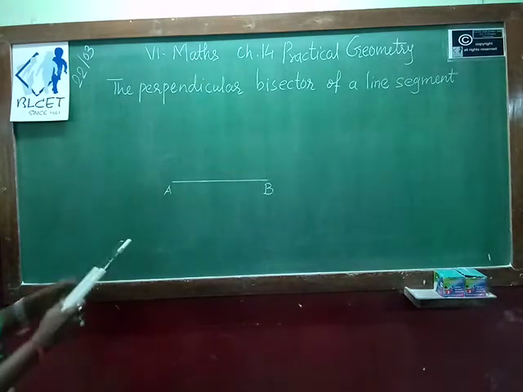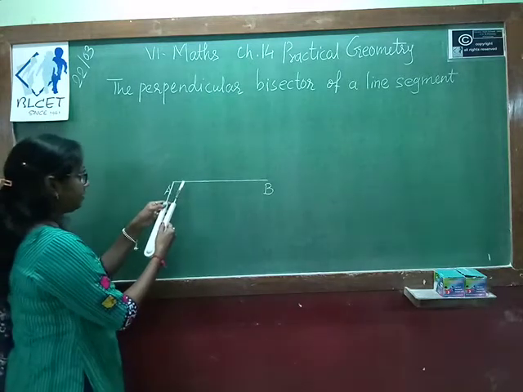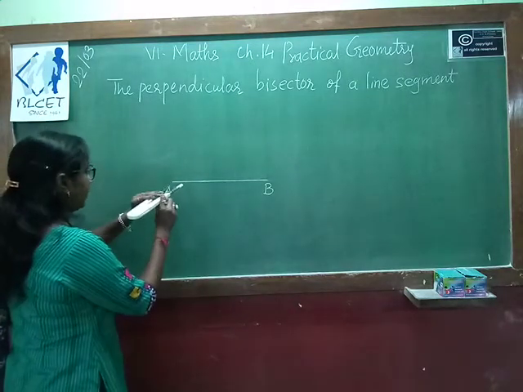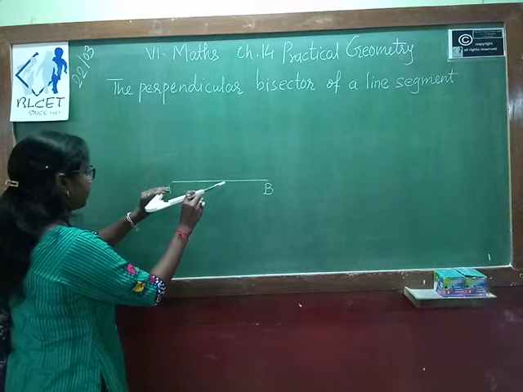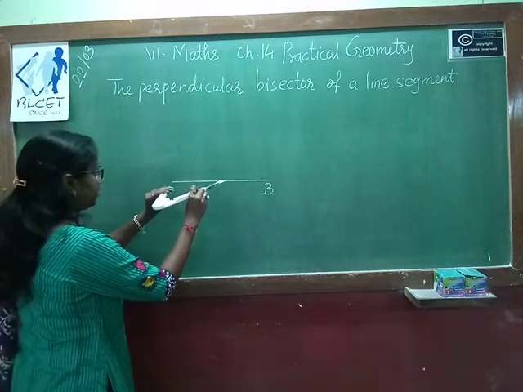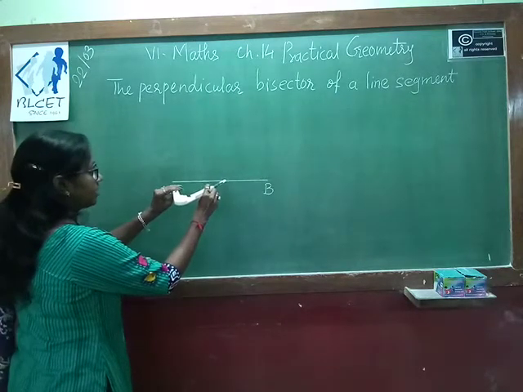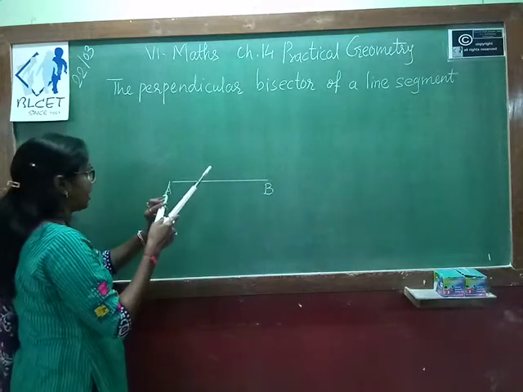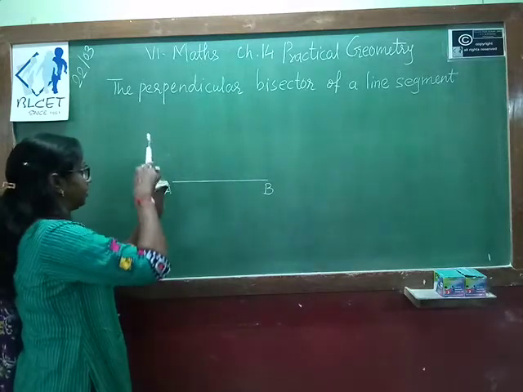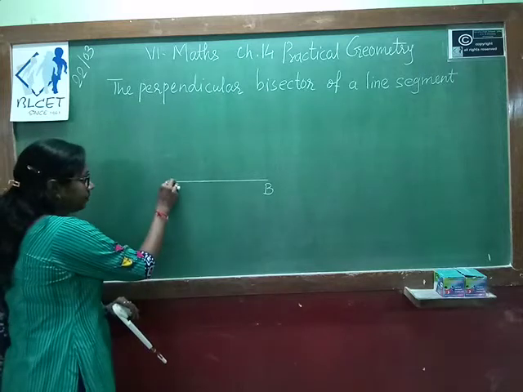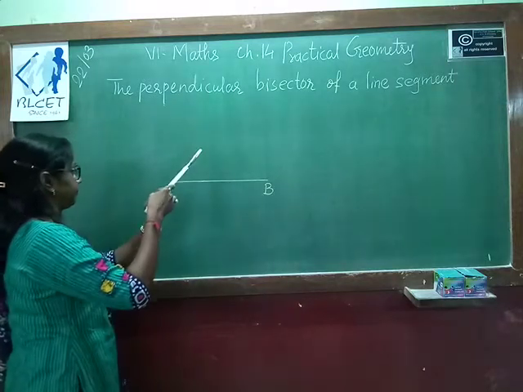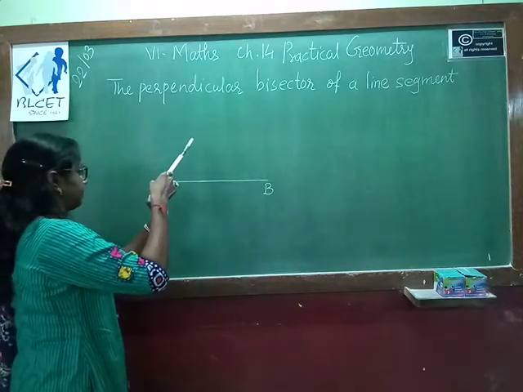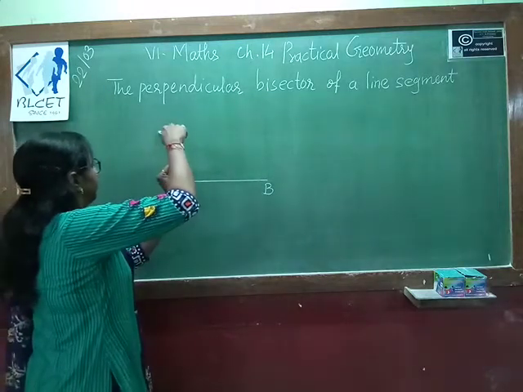We take A as a point and, with more than half of AB, we draw the circle. This measurement is more than half, and you can draw the circle. Keep the pointer and draw the circle.